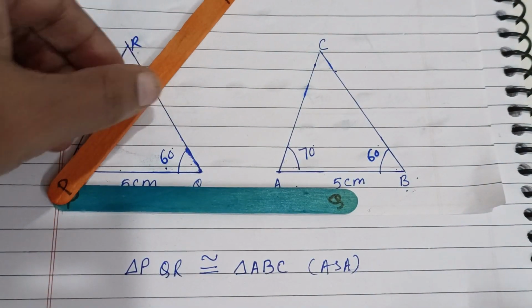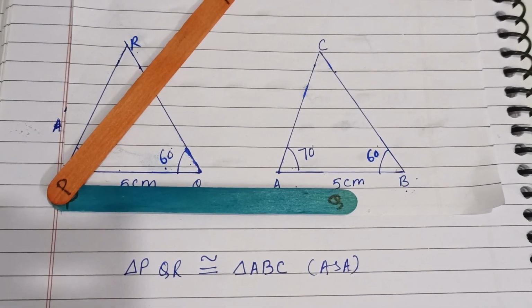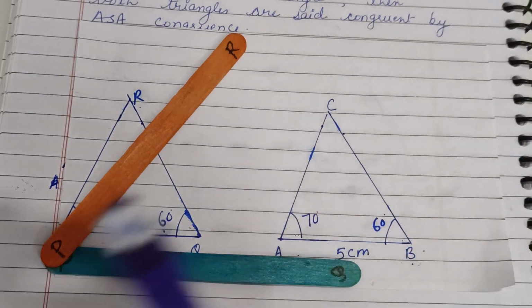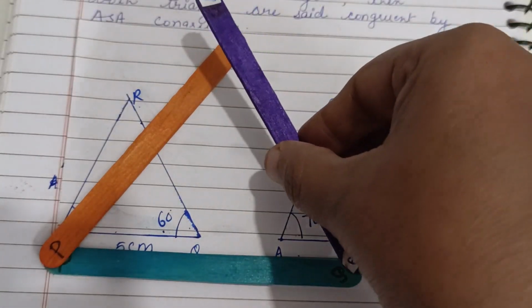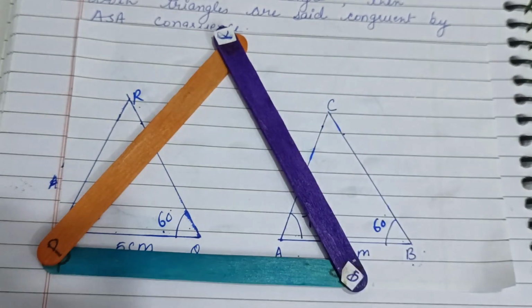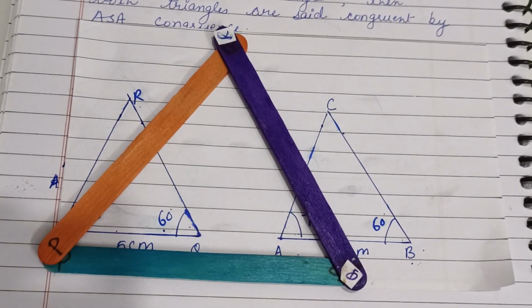So at P one angle is made, here you all can see. Now at Q, again one angle will be made. So Q, R. So on PQ, the two angles are made. One is P, another is Q.